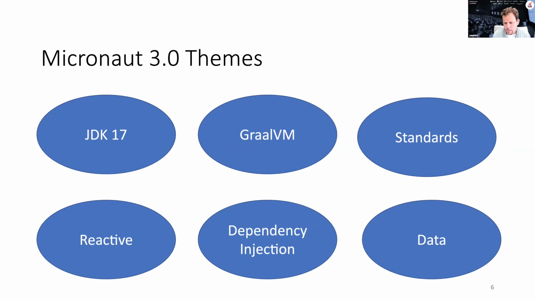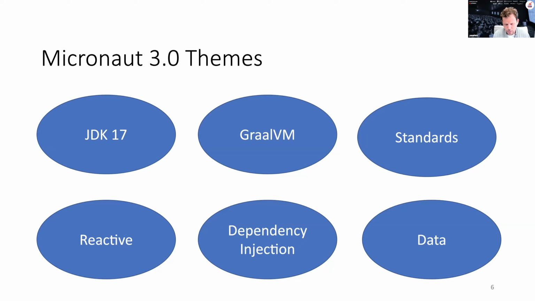And finally, Micronaut Data is a big theme of Micronaut 3. We have significantly improved Micronaut Data, and again, it's linked to the efforts around JDK 17 and reactive. Micronaut Data has broad support for JDK 17 records in the JDBC module.